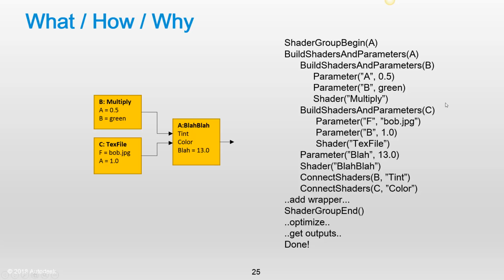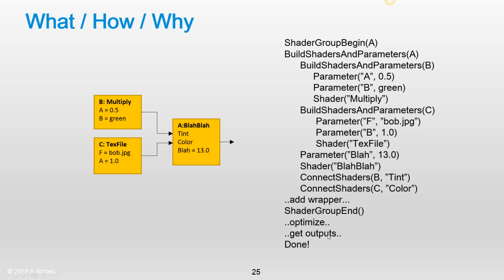And same for this one. Sets in the parameters and the shader, and then we're back to this level and we set the one parameter, and we set the shader and we do the connections to connect this one, and then we're back in the update level. So we add the wrapper, we end the group, we optimize, we get the outputs, and we're done. That's the whole thing we need to do to communicate to OSL how we build our shade tree.